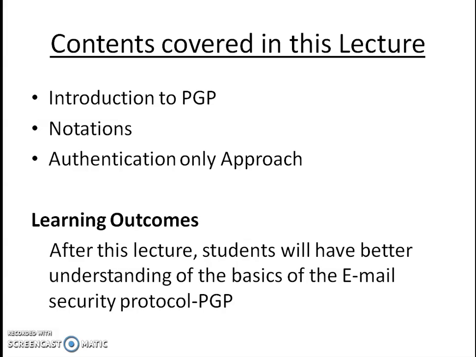Today we are going to see the introduction to PGP, the notations used for its operation, and the authentication-only approach, that is the first service provided by PGP. From today's lecture, the students will have a better understanding of the basics of the email security protocol, the first protocol, that is Pretty Good Privacy.